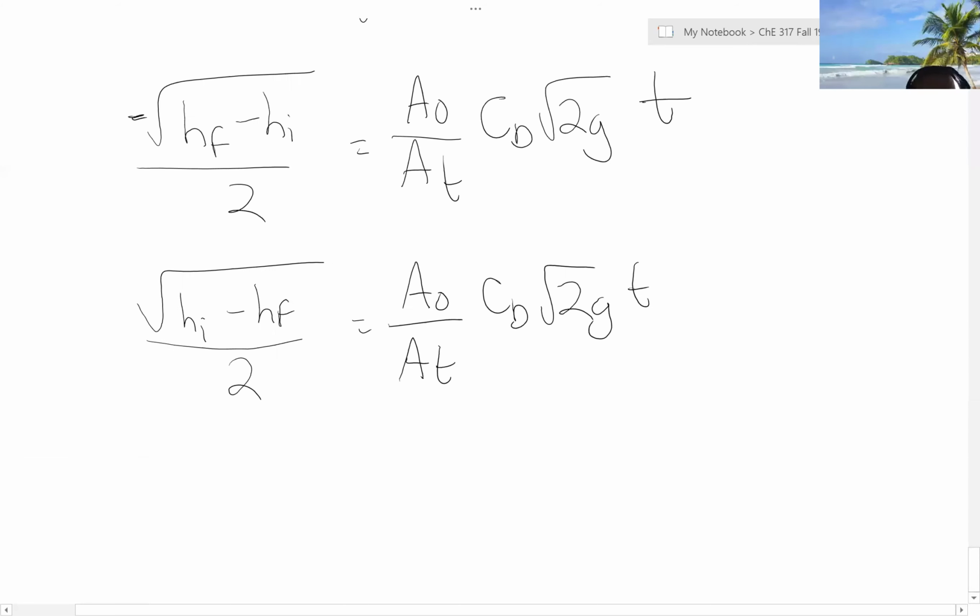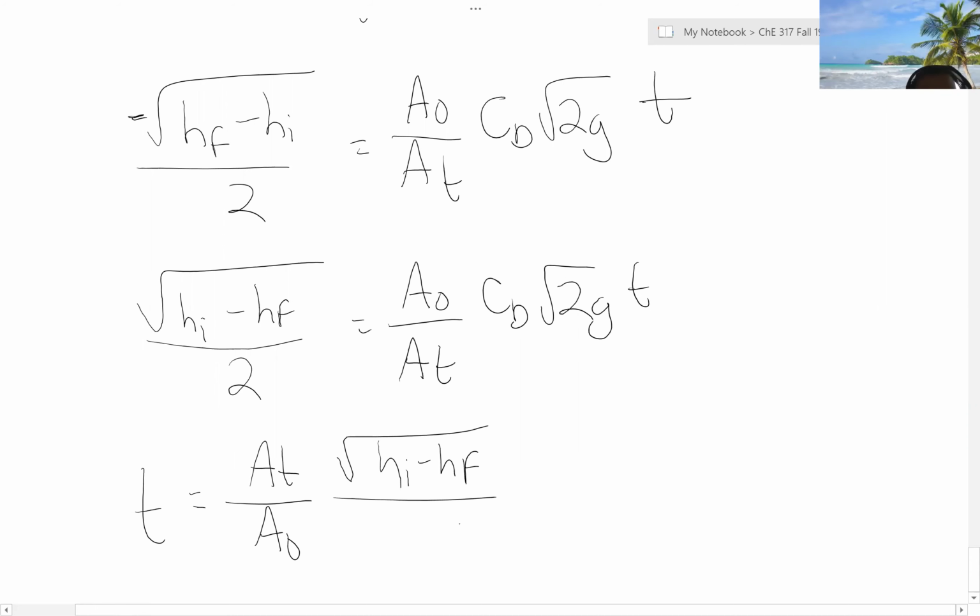And if I rearrange this to solve for t, I should be left with, all right, let me double check my notes because I don't believe my solution here.